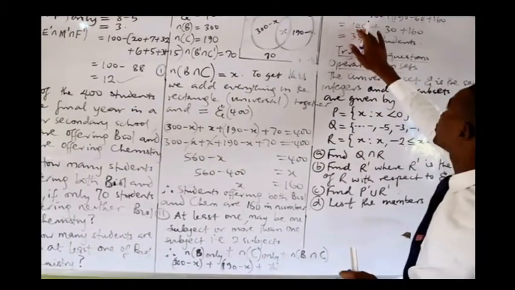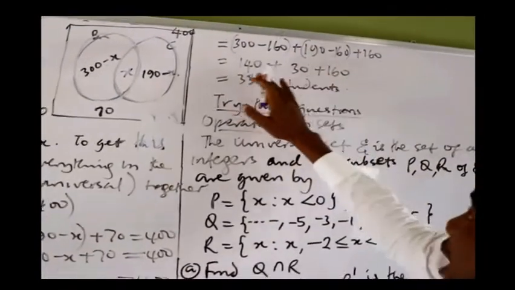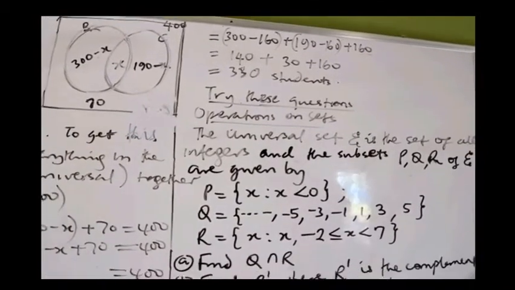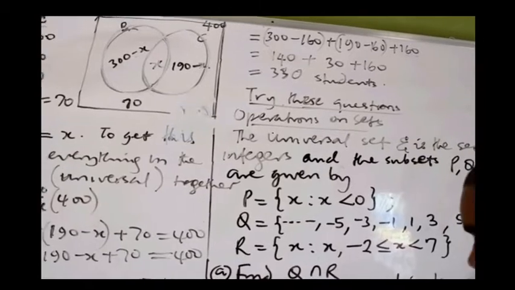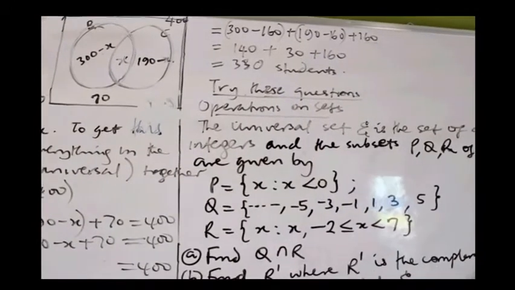Then do this arithmetic. We got 140 here, 30 here, and 160. Add them together, we have 330 students. So the number of people that offer at least one subject is 330.